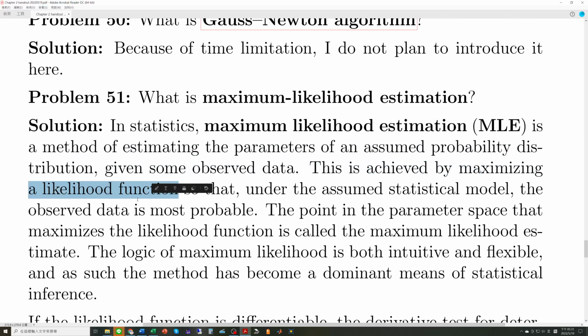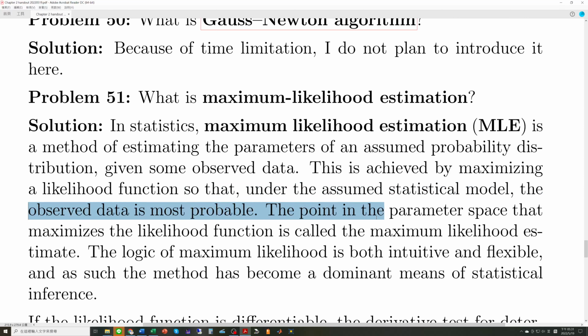Okay, we will see what a likelihood function is later. So that under the assumed statistical model, the observed data is most probable.